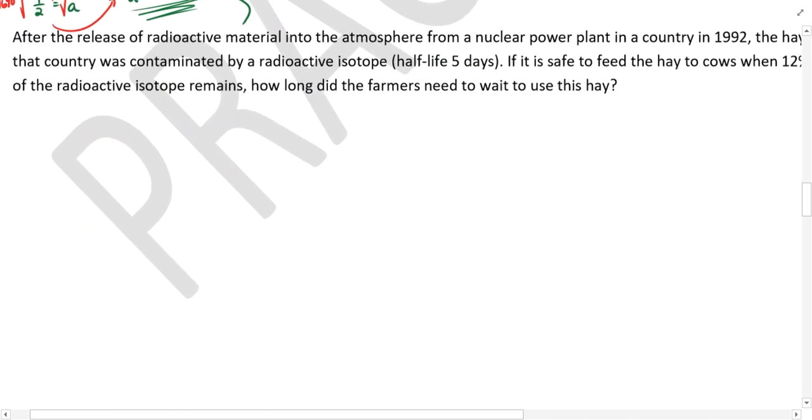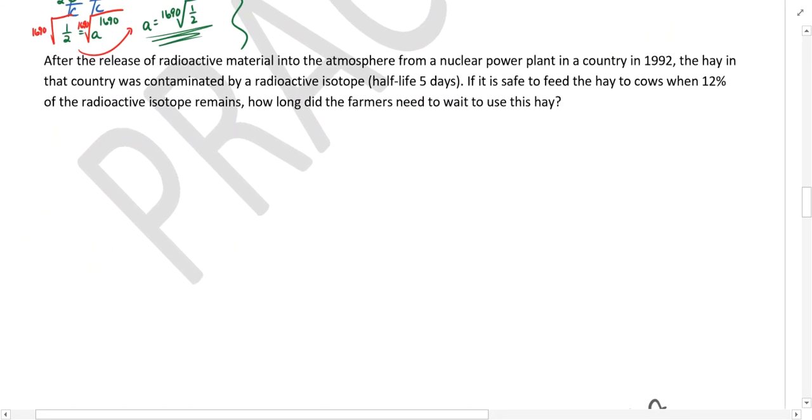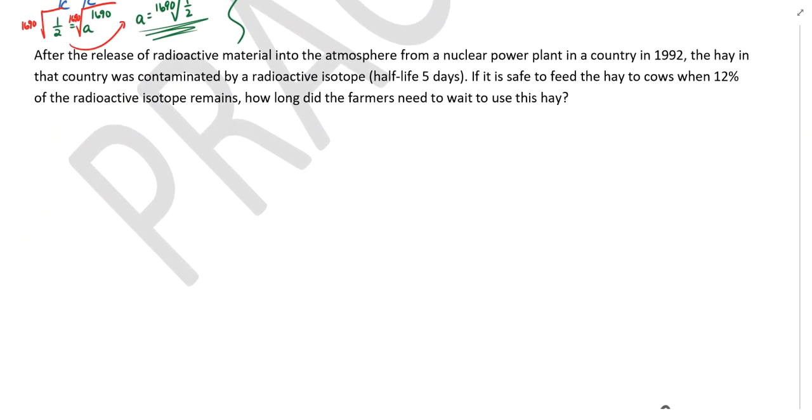Now for our last example. A pretty straightforward exponential growth or decay formula would most likely be fine here. Y is equal to C times A to the X power. We don't know the initial value and we don't know the growth factor here, because all that we're told is that this hay was contaminated by a radioactive isotope of some element or material, and that material has a half-life of 5 days.